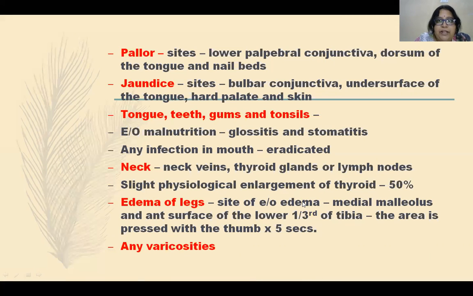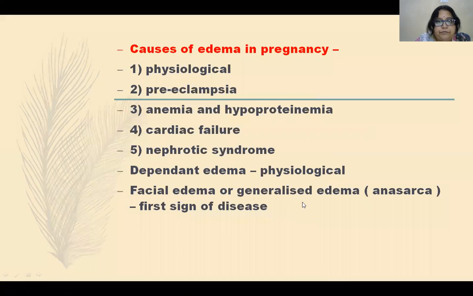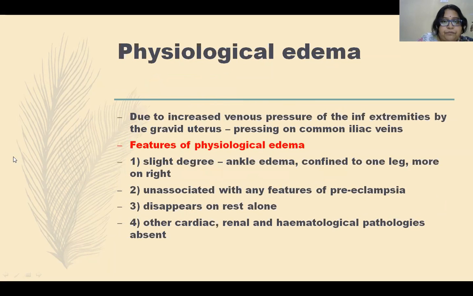Next, you check for any varicose veins. And what are the causes for edema in pregnancy? It can be a physiological edema or can be caused because of pathological conditions like preeclampsia, anemia, hypoproteinemia, any cardiac failure, any nephrotic syndrome. And dependent edema is always physiological, whereas facial edema or generalized edema, also called anasarca, is the first sign for a disease.